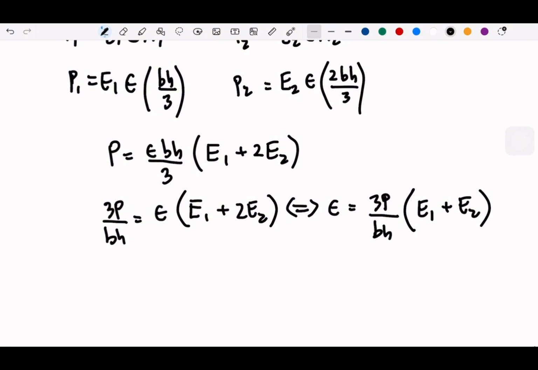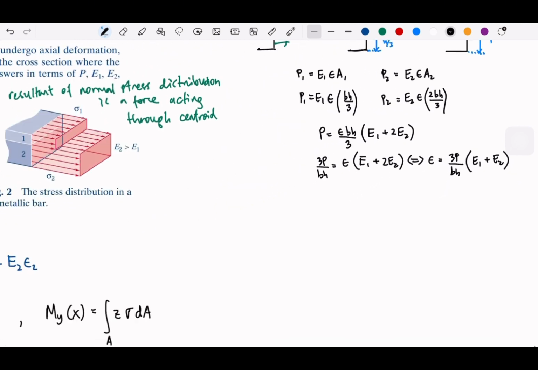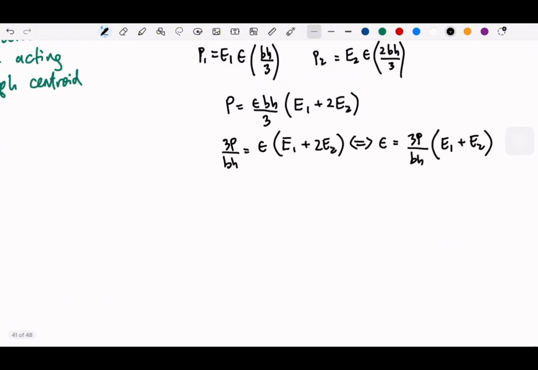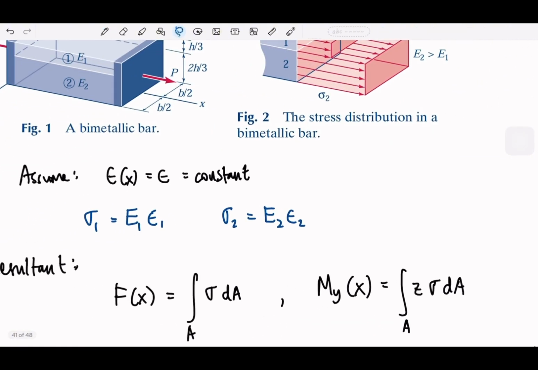And since the strain is a constant, we can use the strain to substitute into the equations for the stress. Remember the stress we get from here. So let me rewrite here again, or let me just copy.